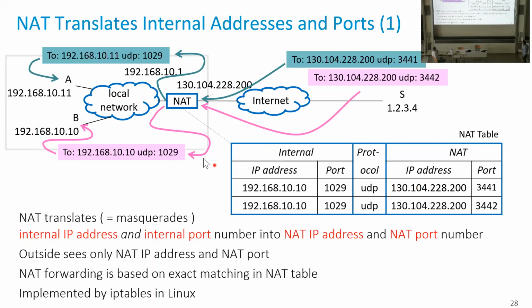Of course, for B, there must be another port number here, and this is how things will be differentiated. So in some sense, we use the port as an extension of the IP address. So this works only, of course, for packets that have port numbers. If the packet is encrypted, if the transport layer is encrypted, this will not work if the port number is encrypted.